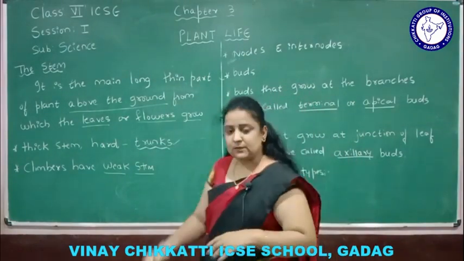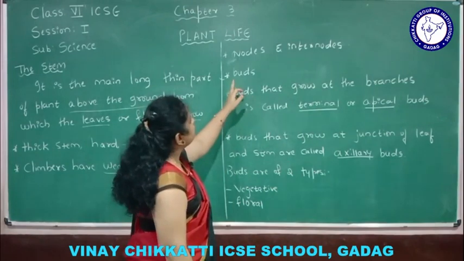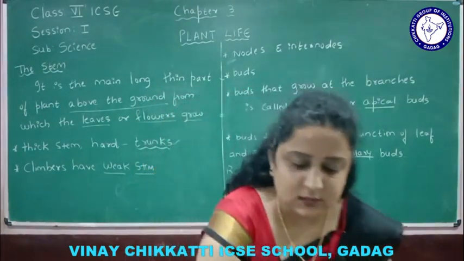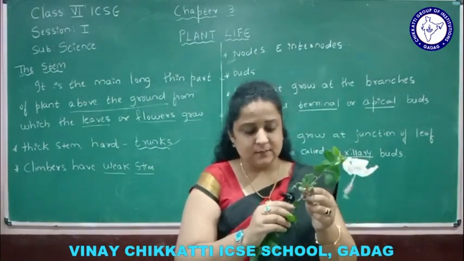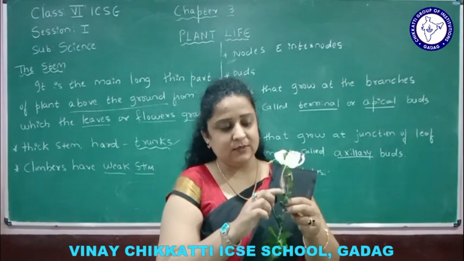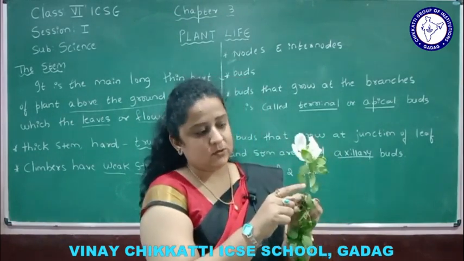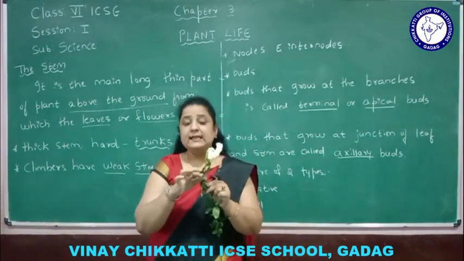Now coming to some other parts which are arising from the stems. As you can see, two words here, nodes and internodes. What do you mean by the term node? See children, here in the stem there are some points in between. The point here, this is the node. This is also a node. So the node is a point from which the leaves arise.